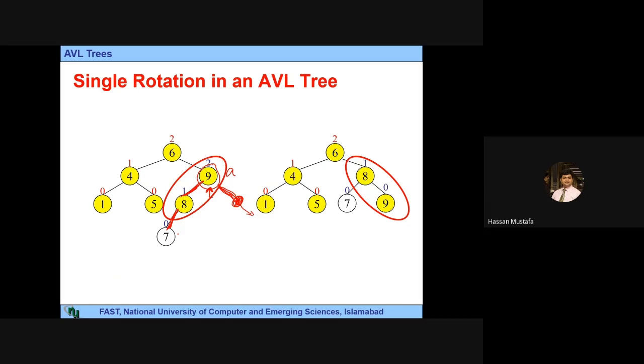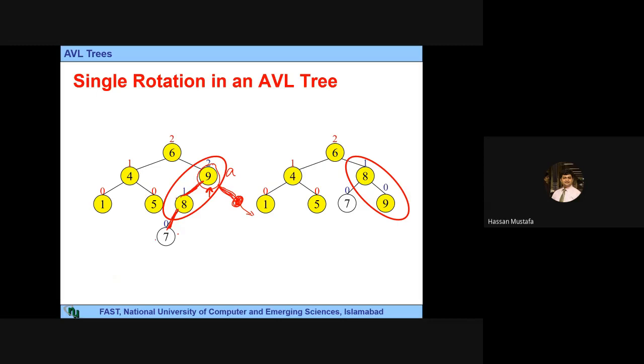Remember the pulley experiment that you did in physics, maybe in your secondary education? So if I pull this rope from here, I would pull this 9 over here, and this 8 and 7, this branch would go upwards, and 8 would take the place of 9.